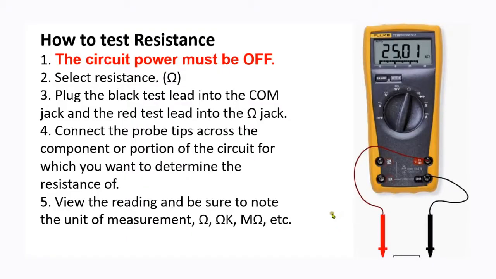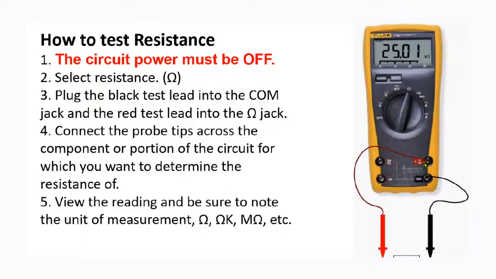Our third test is a test for resistance. How do you test for resistance? Students, let me stress this point. Whenever you are doing a resistance test, always make sure that the circuit is de-energized.